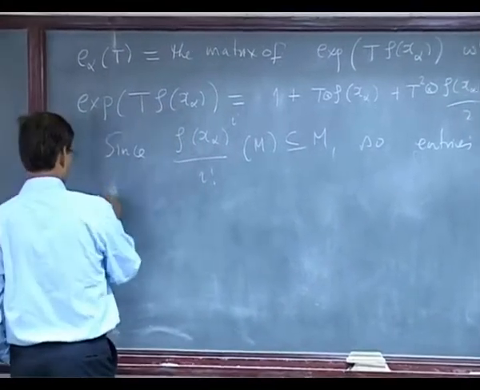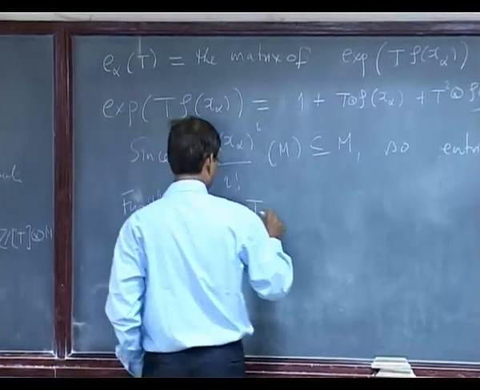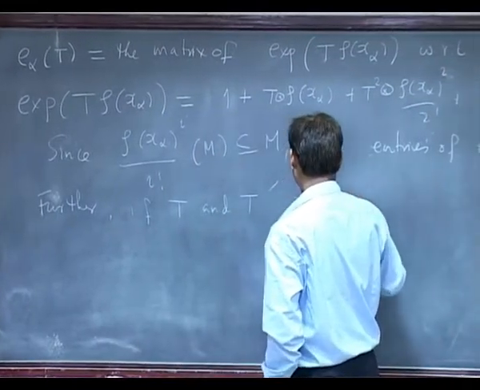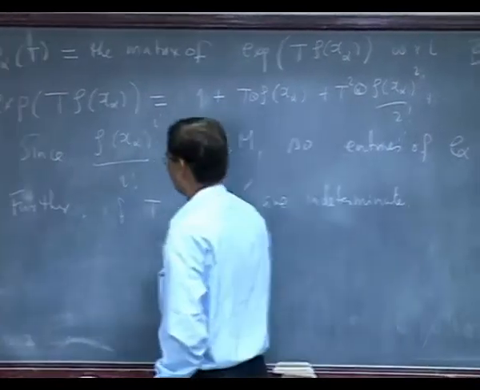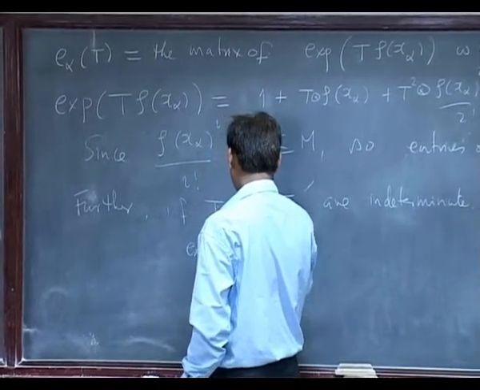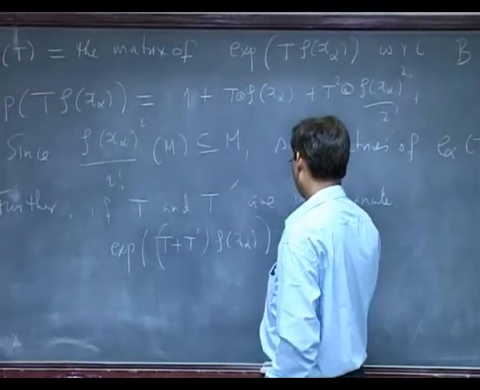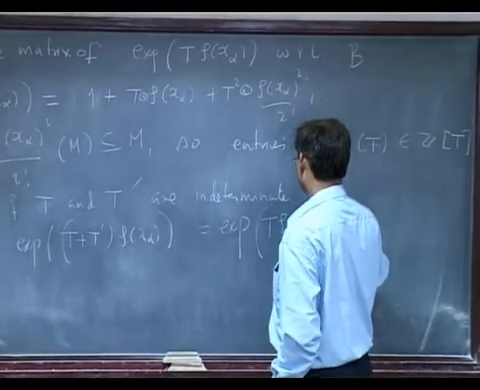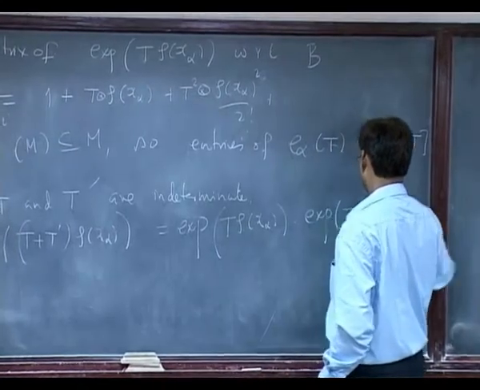And further, if T and T prime are both indeterminates, then exponential (T plus T prime) rho(x_alpha) is exponential T rho(x_alpha) into exponential T prime rho(x_alpha).